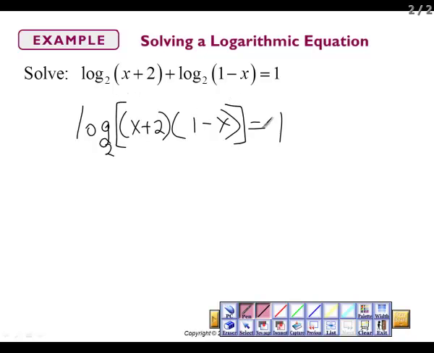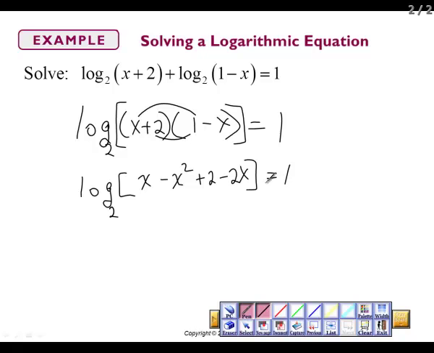This is all still under the logarithm. So we can go ahead and FOIL that, and so that would be log, x times 1, that's just x, and this will be minus x squared, and then plus 2, and then minus 2x, base 2 equals 1.